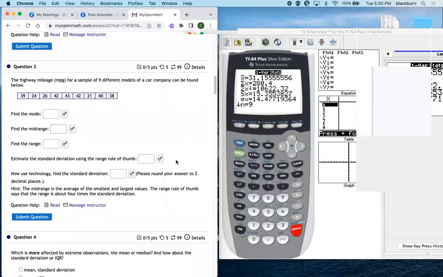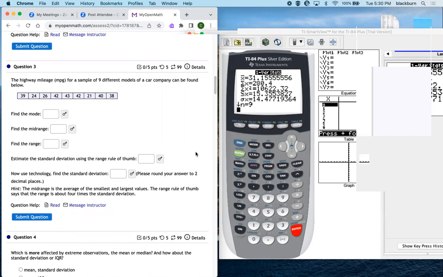Let's look at 3, because 3 asks for a couple of different things than we've been doing. Y'all can see my MyOpenMath and calculator side by side, right? I hope. Good. All right. So the highway mileage for a sample of 9 different models of a car company can be found below. Find the mode.